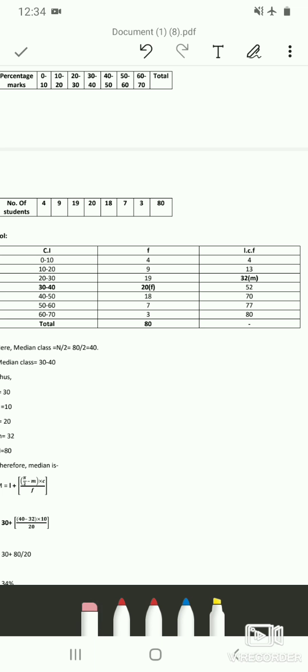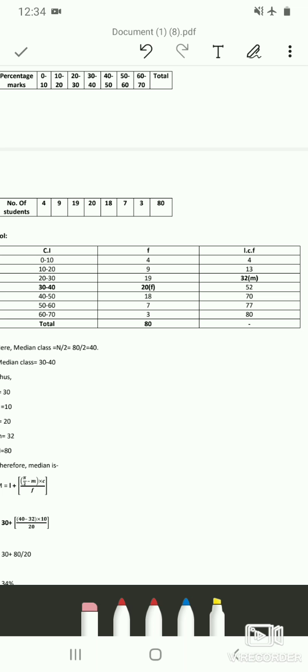So how to find out median class is find out N by 2th value, that is 40 over here. Go to LCF table, check for the value that is equal to or just greater than 40, which is 52 in this case. So the class interval corresponding to 52 is 30 to 40. So 30 to 40 is your median class.